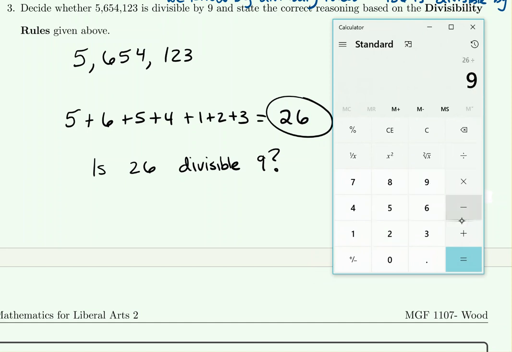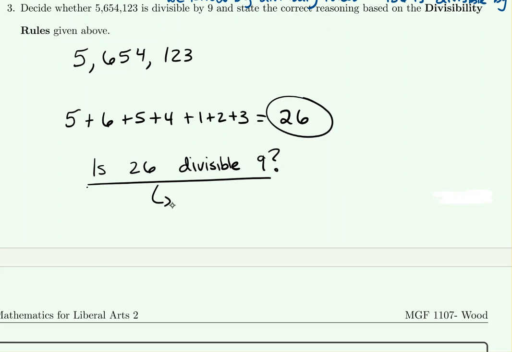So for instance, 26 divided by 9, we get a decimal answer. So the answer to this question is no. And since whenever you add up all the digits together and get 26, since that isn't divisible by 9, by our divisibility rules above, that means that the original number is not divisible by 9 either.